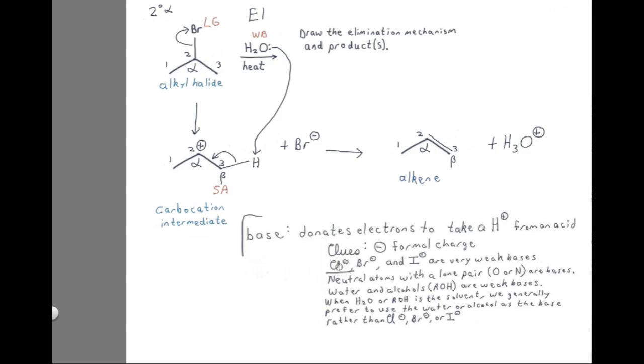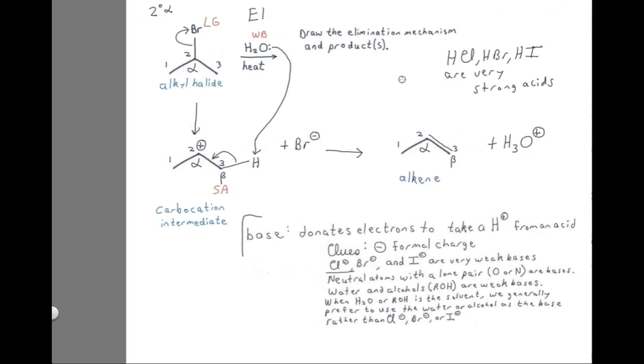Why are Cl-, Br-, and I- such weak bases? Well, maybe you know that HCl, HBr, and HI are very strong acids. And Cl-, Br-, and I- are the conjugates of those very strong acids. And you should know that the conjugate of a very strong acid is a very weak base.